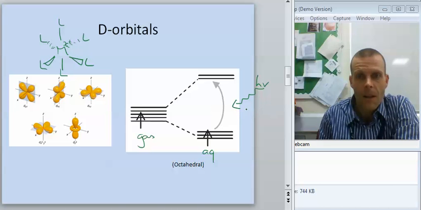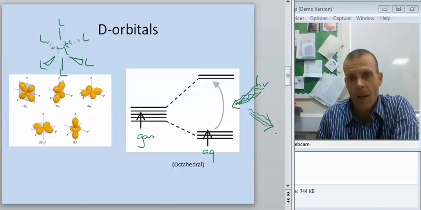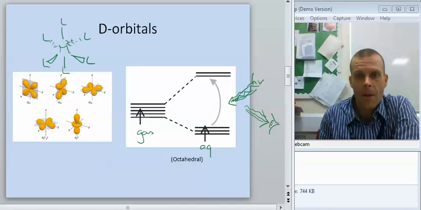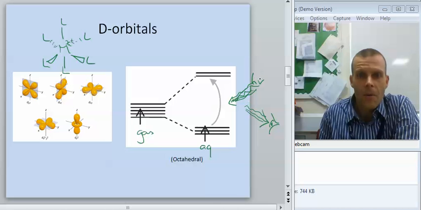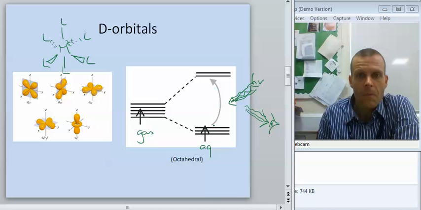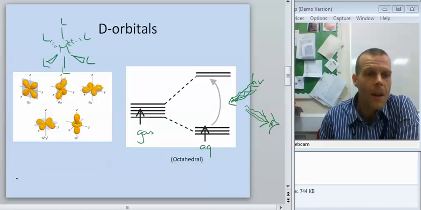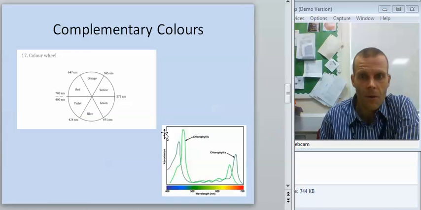If that's the case, then if all the colors of our rainbow are coming in, some of them get absorbed and the rest are reflected, and we end up seeing the reflected color. So there's an eye, very bad drawing, but some of the light that's gone in has been absorbed to effect this transition, and the rest of the light is reflected away, and that's what we see. That gives us this idea of complementary colors.